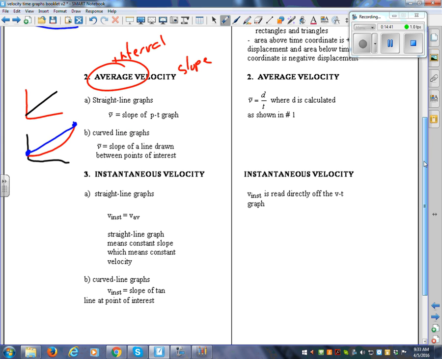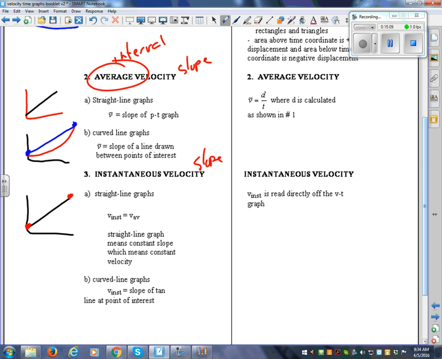What if you have to find instantaneous velocity? Instantaneous implies instant. It's velocity, so we're talking again slope, and there are two possibilities. It could be a straight line graph, and if it's a straight line graph, then you find the slope.